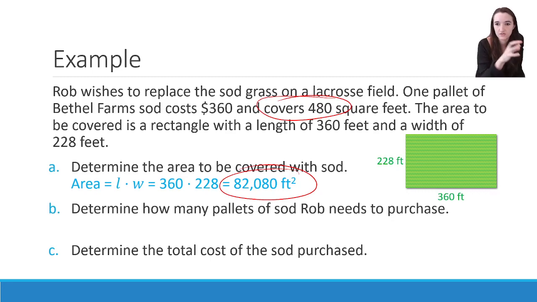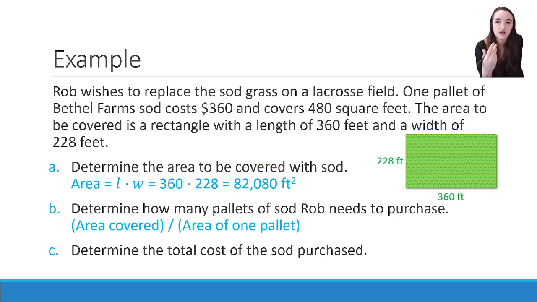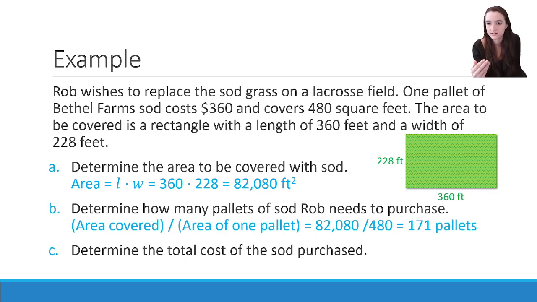So if we take the total and pull out each pallet, we're dividing it up into blocks of 480. So I said the word right there, right? We're dividing it up. So in this case, the area covered will be divided by the area of a single pallet. So that 82,080 will be divided by 480 to get our 171 pallets.